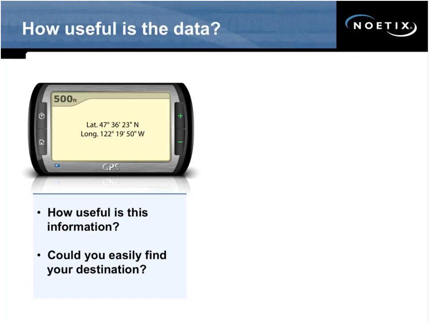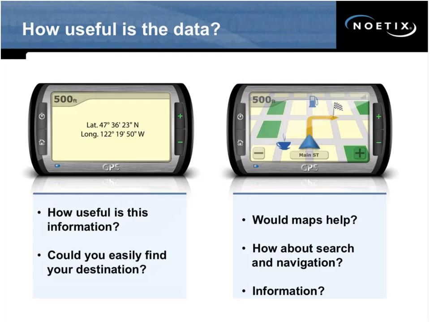And when we try to explain why this is difficult, we use an analogy. We think about a GPS device. So if I gave you a GPS device that had only latitude and longitude in it, it's not terribly useful. It doesn't help you do anything. It doesn't give you real information with that data. But as soon as we add maps and search and navigation and landmarks and guidance to the GPS system, now all of a sudden it solves problems for us.